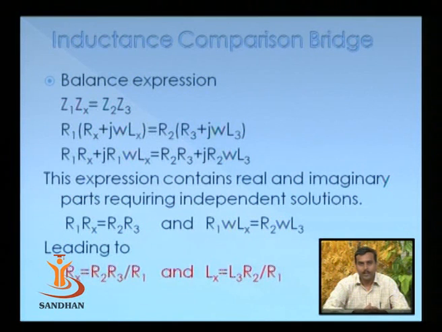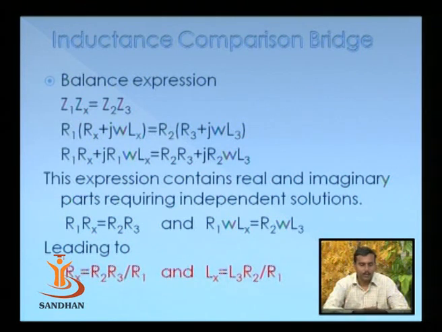Separating the real and imaginary parts, R1 Rx is equal to R2 R3, and for the imaginary part R1 omega Lx is equal to R2 omega L3. From these two expressions we get the internal resistance of the unknown inductor, Rx equal to R2 R3 upon R1, and the inductance Lx equal to L3 R2 upon R1.